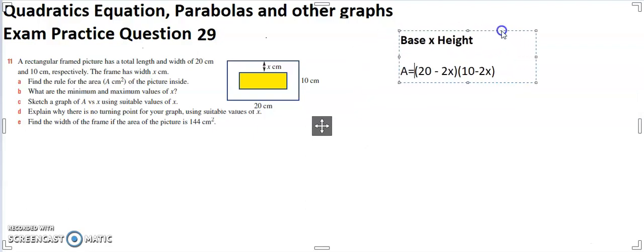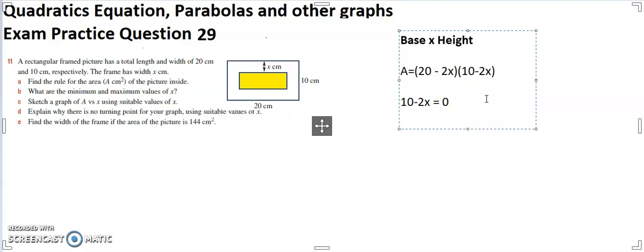The next thing is, what are the minimum values of x? Well, x can't equal 0, so we want x to be more than 0, and it can't be negative. So let's look at this. Straight away, I'm going to pick 10 minus 2x equal to 0, because if we make one of these sides 0, then everything is 0.